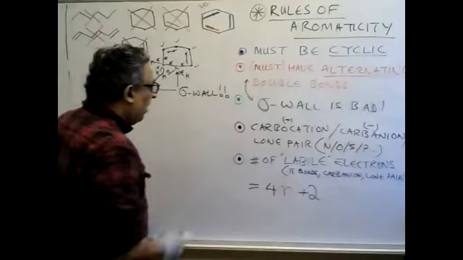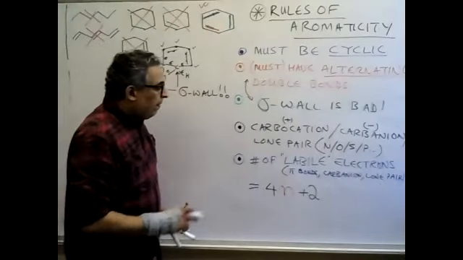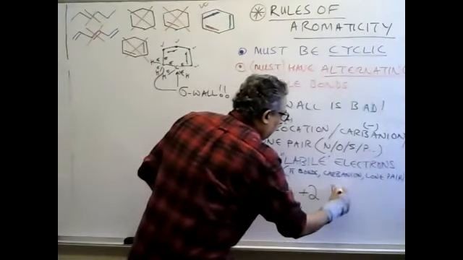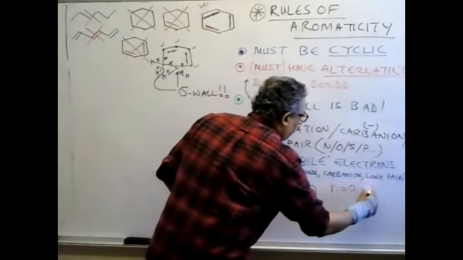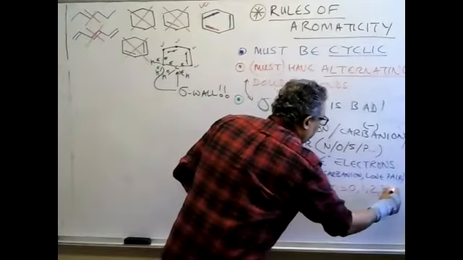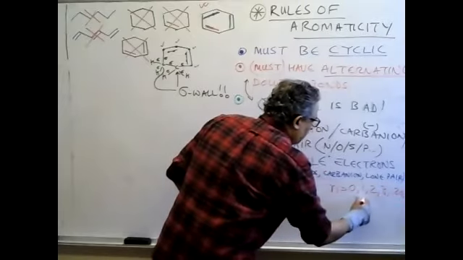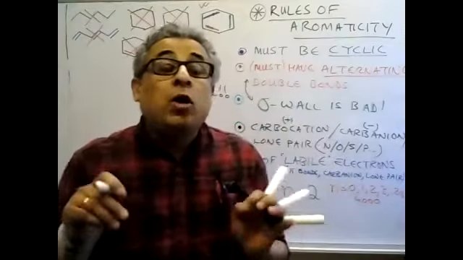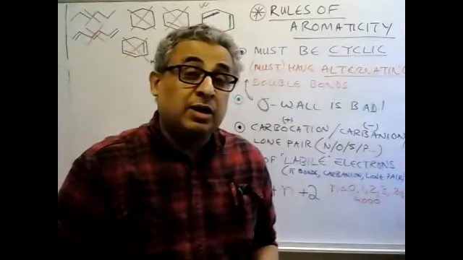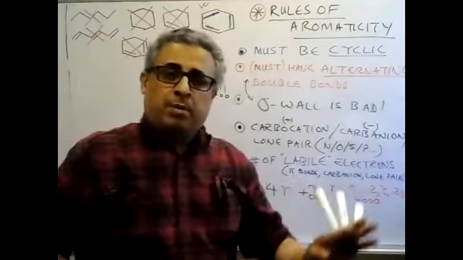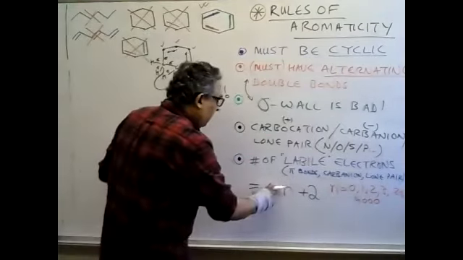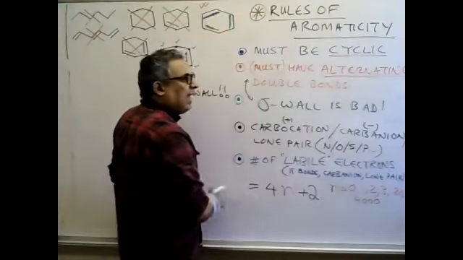Let me explain. 4n plus 2, where n is 0, 1, 2, 3, 20, 4,000, any whole integer. Whole means not fraction. N can be any number that you can plug in. Okay? 4n plus 2. N can be anything.